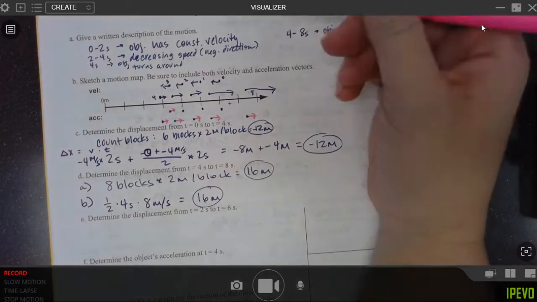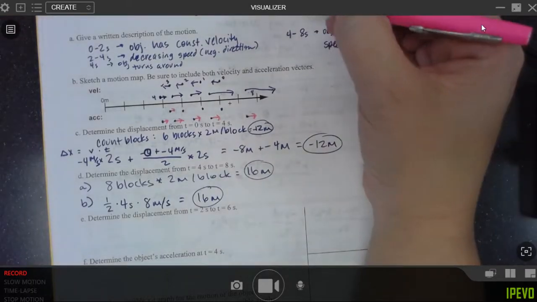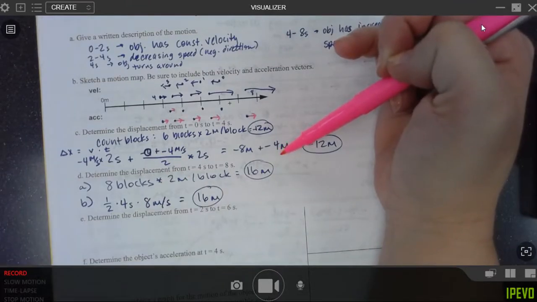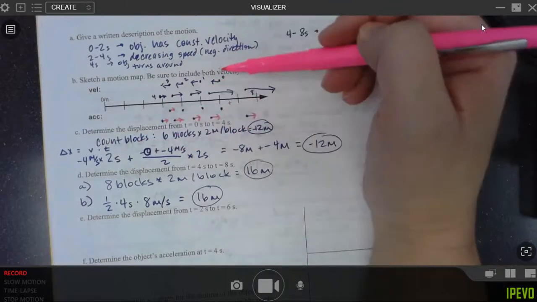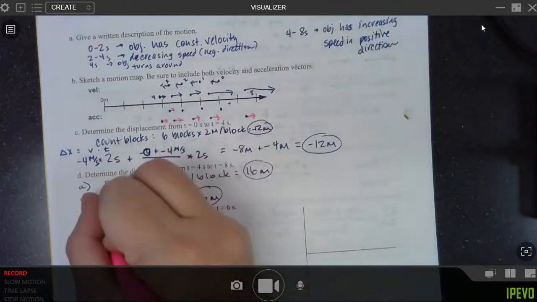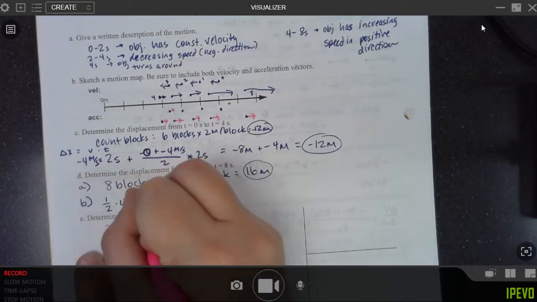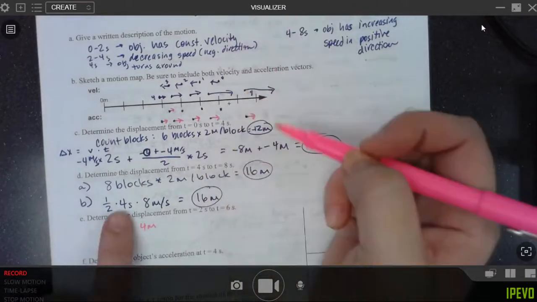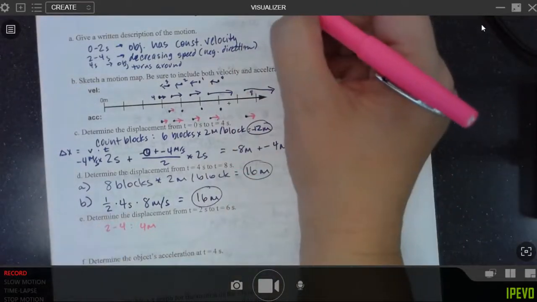Well, we can figure out what this piece is, we already calculated it down here, right? We said that piece was, where'd it go? Was our 4 meters. So from 2 to 4 is 4 meters of displacement. And then from 4 to 6, we can figure that out if we do 1/2 base times height.